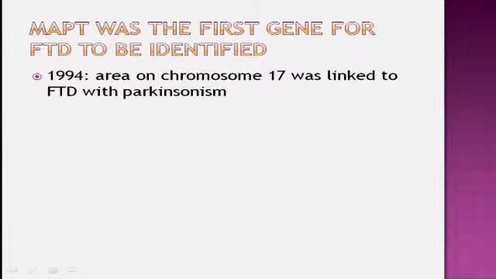So the first gene to have been identified for FTD is called MAPT, or microtubule-associated protein tau. The story starts in 1994 when a region of chromosome 17 was linked to FTD with Parkinsonism.